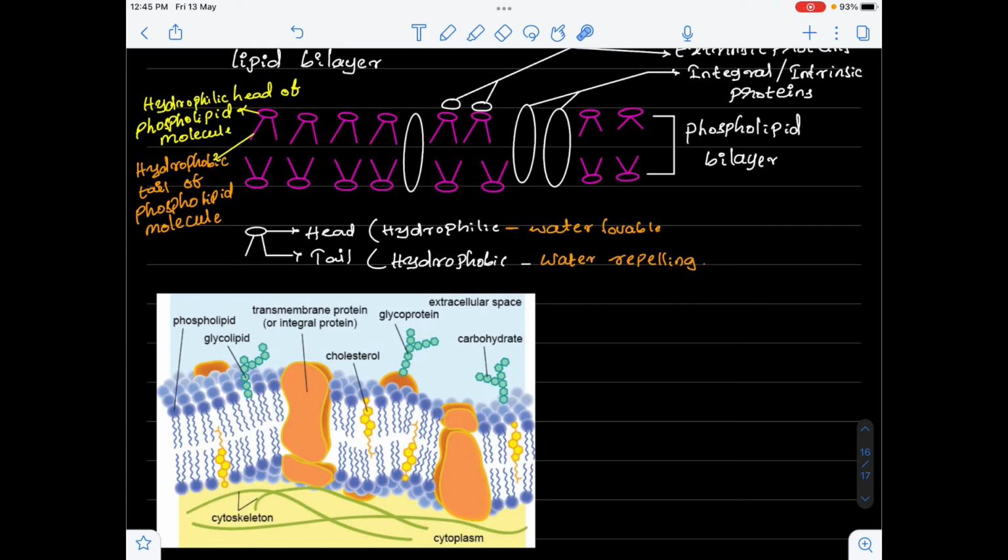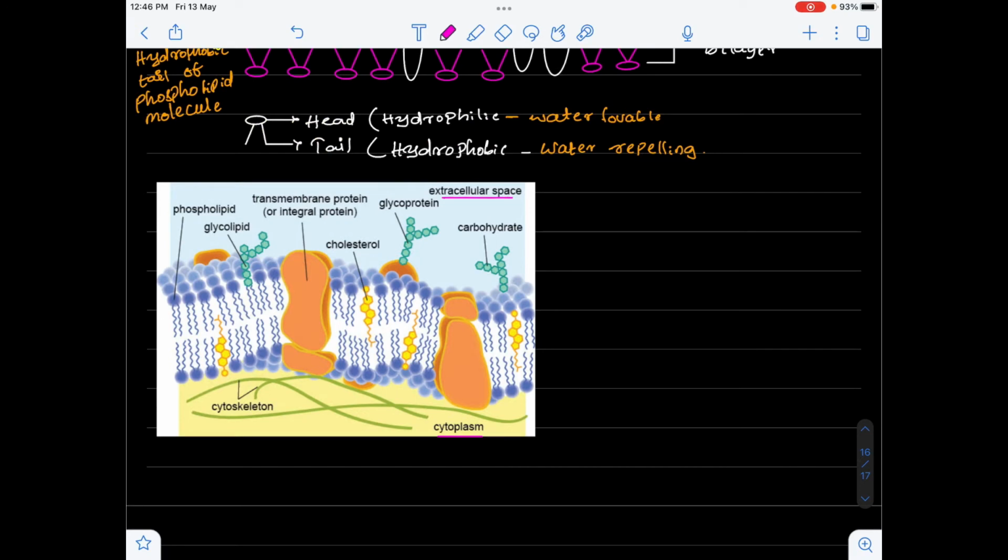And even we can see on the surface of the plasma membrane glycolipids, glycoproteins, carbohydrates are present, and here we can see the cholesterol also. And this is towards the cell cytoplasm. This is the extracellular space outside the cell.